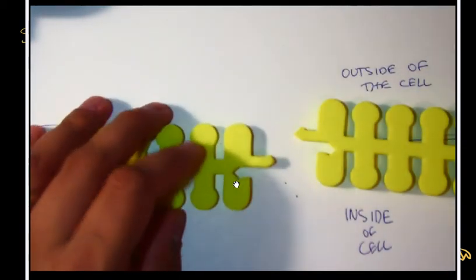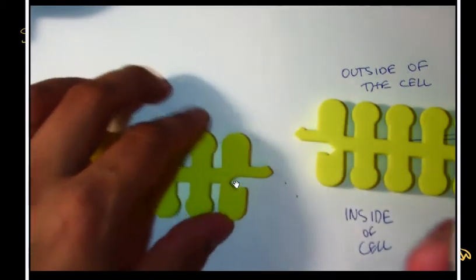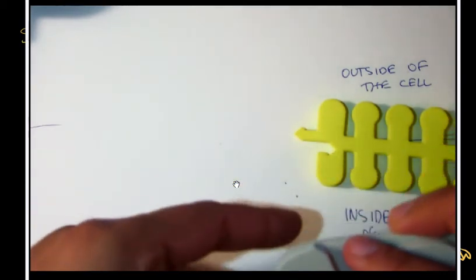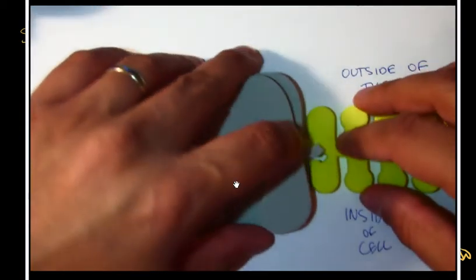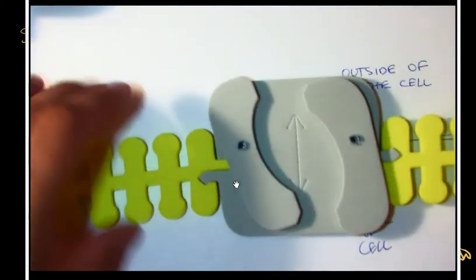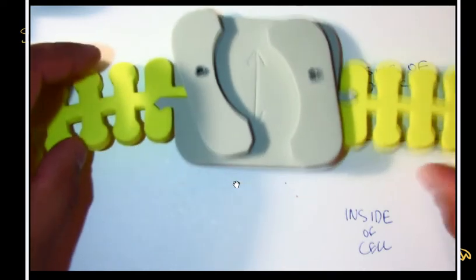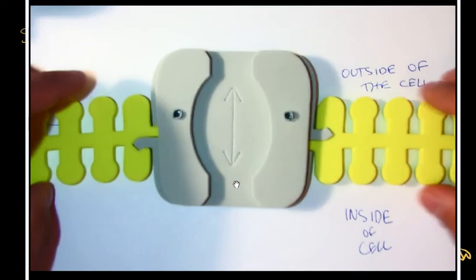Okay, and so now what I'm going to do is put my, see if I can get this to fit right. So this is my glucose transporter. My glucose transporter.